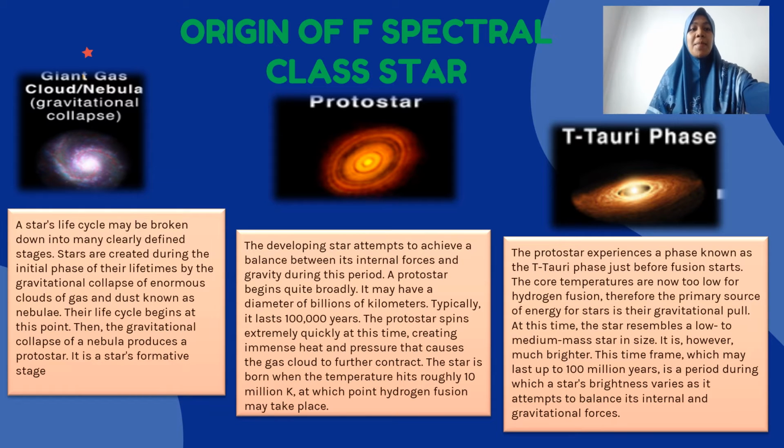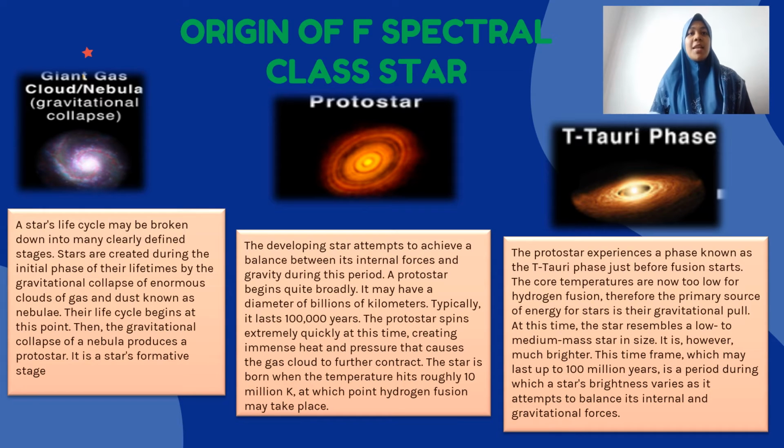So, lastly, the protostar experiences a phase known as the T-Tauri phase just before fusion starts. The core temperatures are now too low for hydrogen fusion. Therefore, the primary source of energy for stars is their gravitational pull.